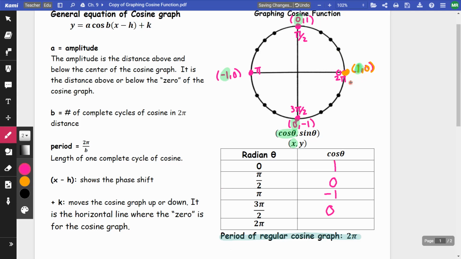And over here at 2 pi, it goes back to the same spot, so it's 1. So we're going to be starting and ending at 1. Halfway in between is going to be -1, and in between those is going to be a 0 and a 0. So we're going to try doing a couple of graphs.